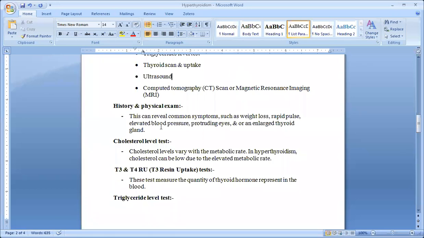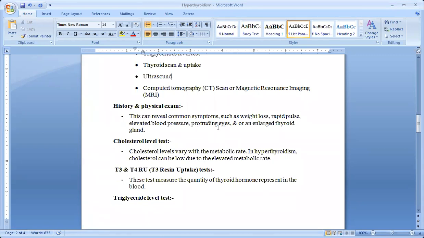History. By the common symptoms, the doctor can find out weight loss, rapid pulse rate, elevated BP, protruding eyes. In Graves' disease, we will see these types of symptoms. Protruding eyes means the eyes will come out, bulged eyes.